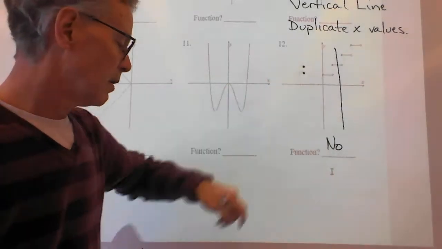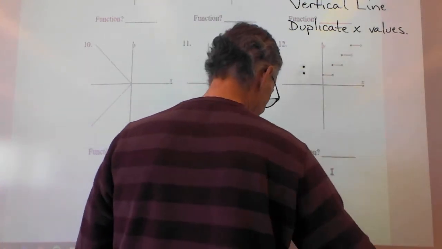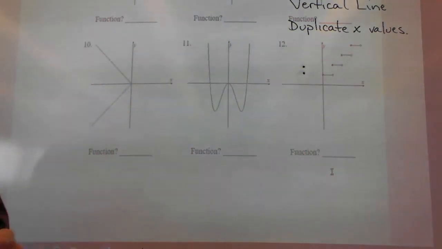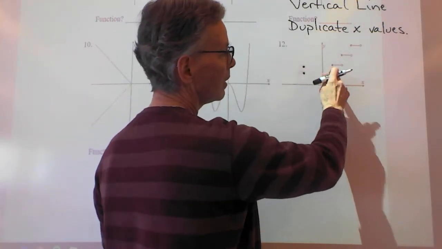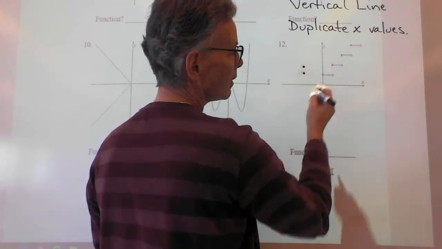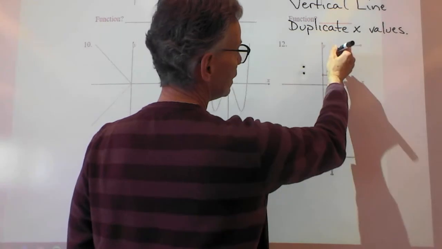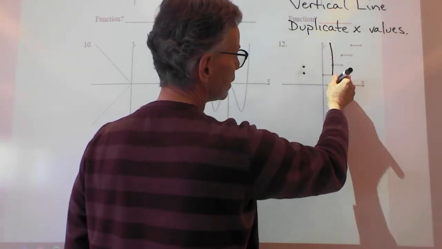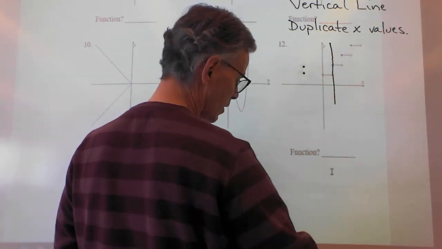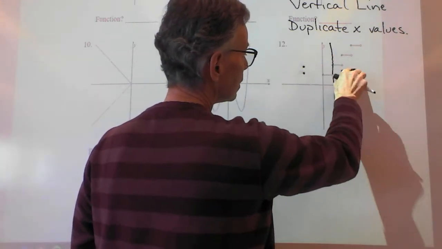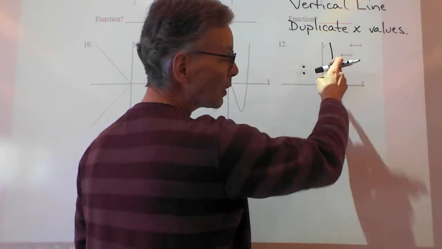Let's just take a look at number 12, because number 12 is a little tricky. For number 12, if you remember from my last lesson, an open circle like this means the number is not included. So even though a vertical line would appear to pass through 2 points at the same time, because this one is a hollow circle, that's okay.